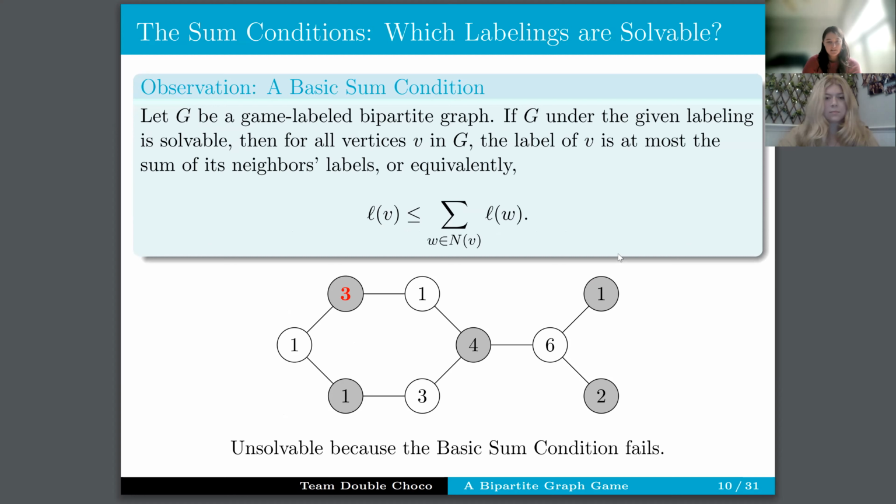And that's just some notation. If you look at the graph in this picture, we can see that it is not solvable. We can see by looking at this highlighted 3 in red, the 3 surpasses the sum of its neighbors because 3 is greater than 2. And because of this, the graph is not solvable.